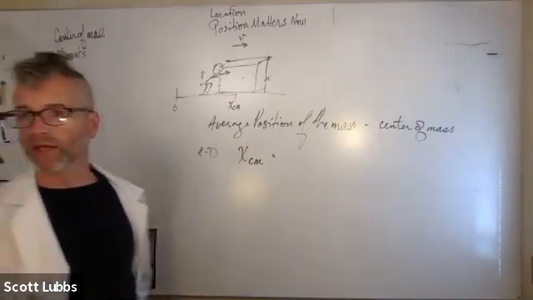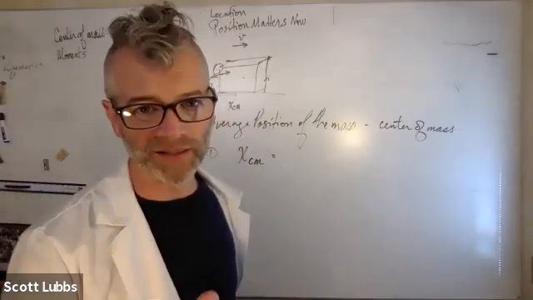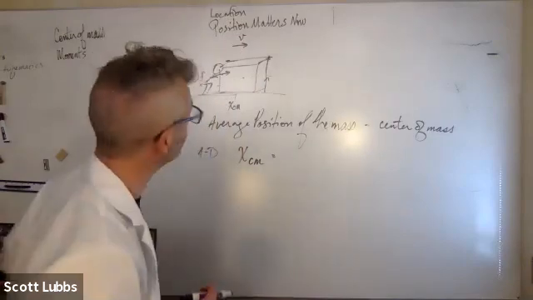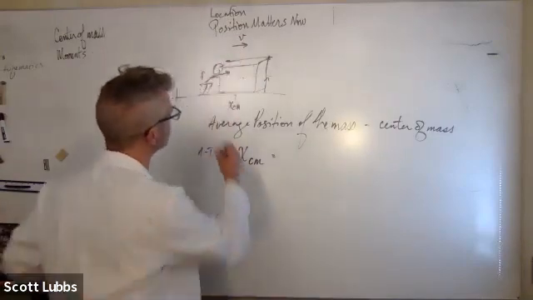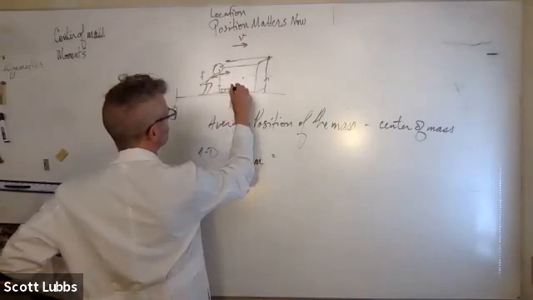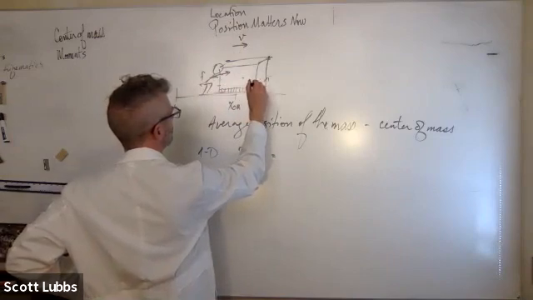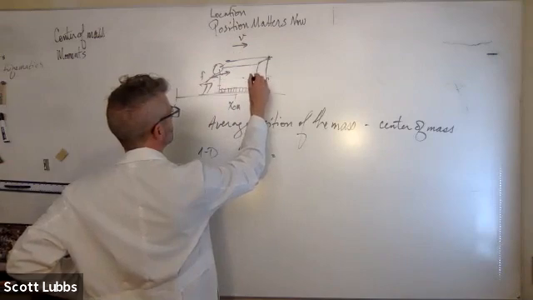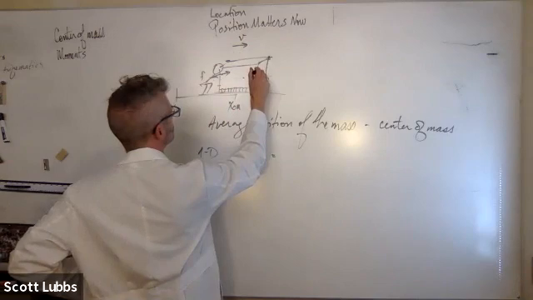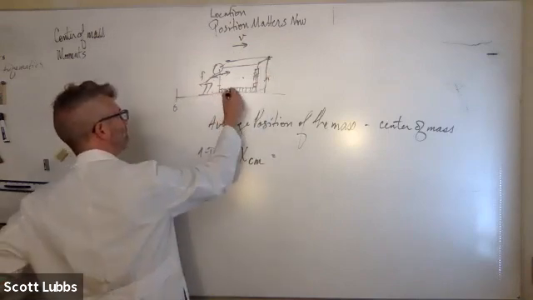What I'm going to do is create those little point masses that I used before, when I treated this box as a point mass. Now I'm going to chunk it up into little itty bitty chunks.